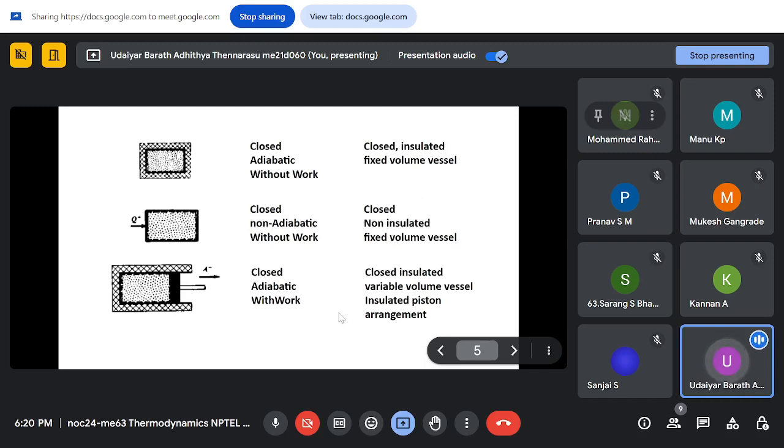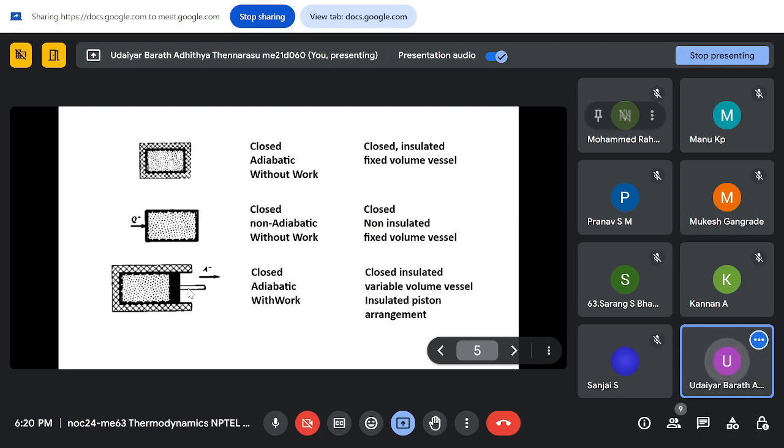Then again another example of a closed system. In this case again it's insulated, and this is a piston arrangement. There is no mass transfer happening because there is a fixed volume of fluid inside, and this is pushing the piston. Because of this there will be work done.